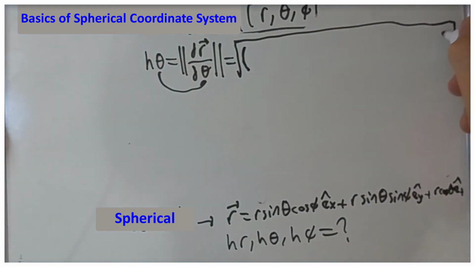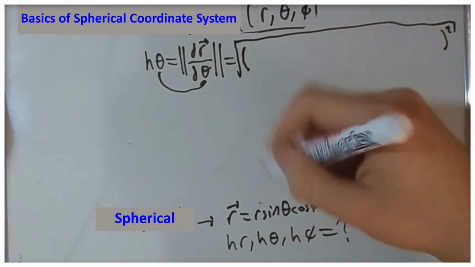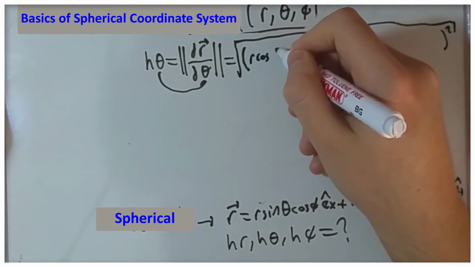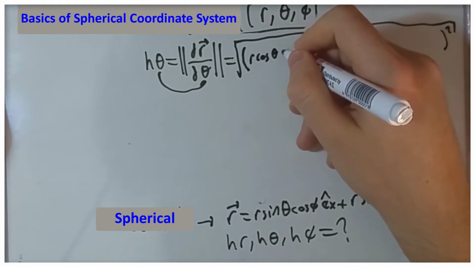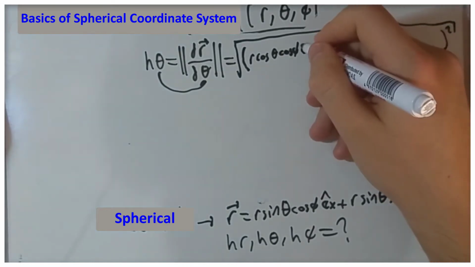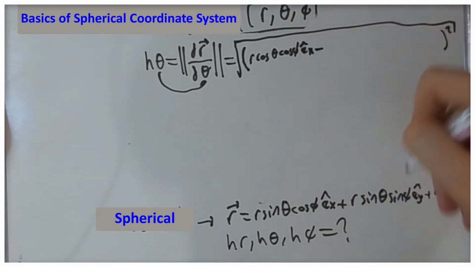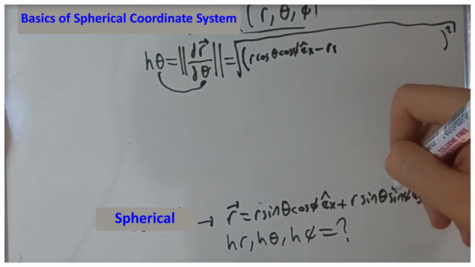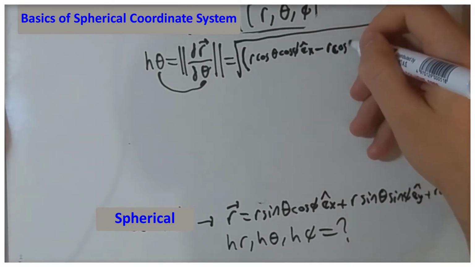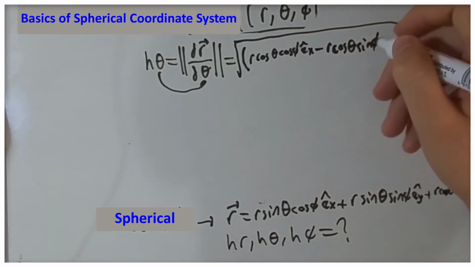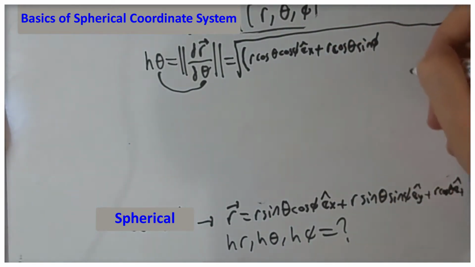And I take the derivative with respect to theta. The derivative of sin is cos, so r cos theta cos phi ex, minus r cos theta sin phi, and here I am rewriting again. Here is the plus because we took sin theta. Here is minus because cos theta.